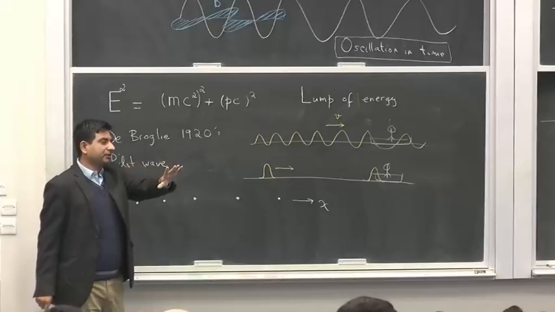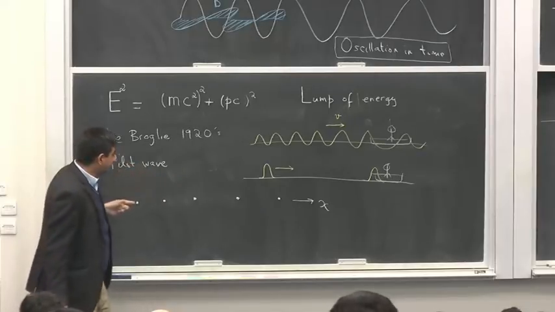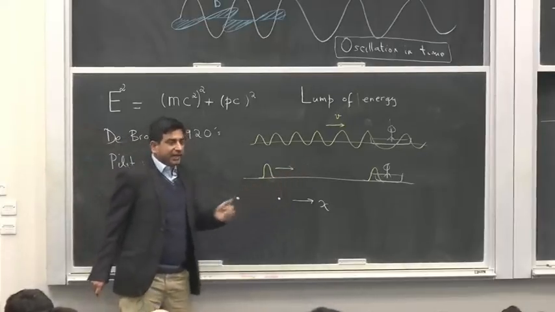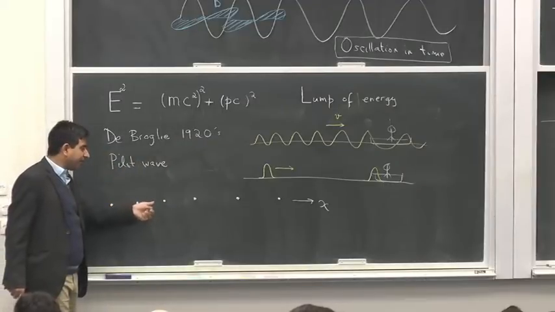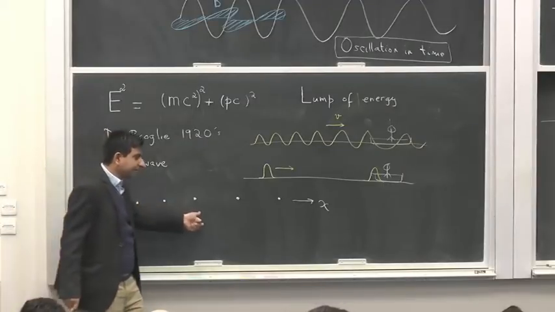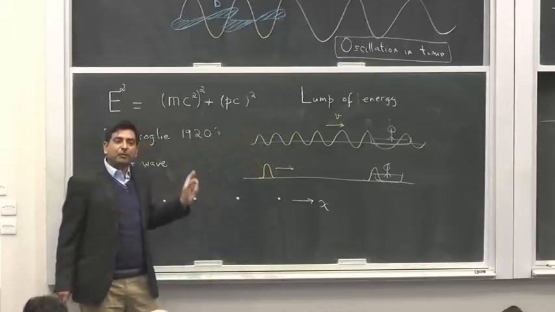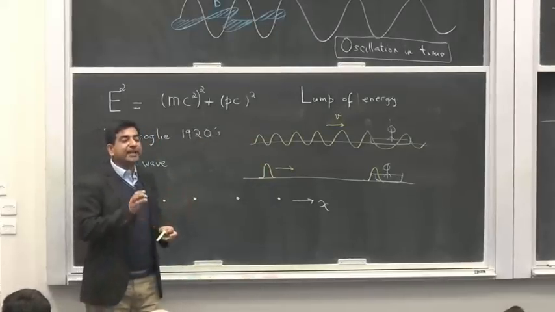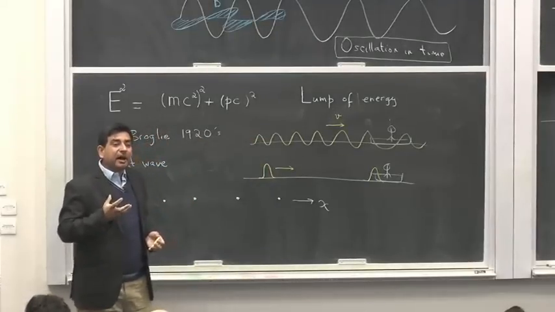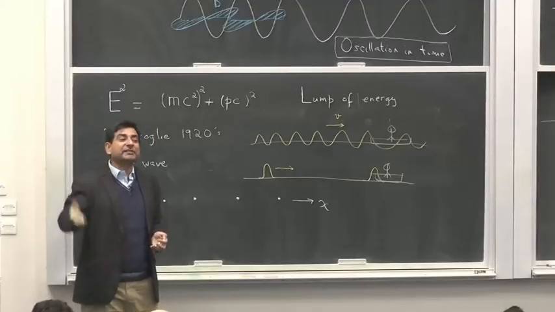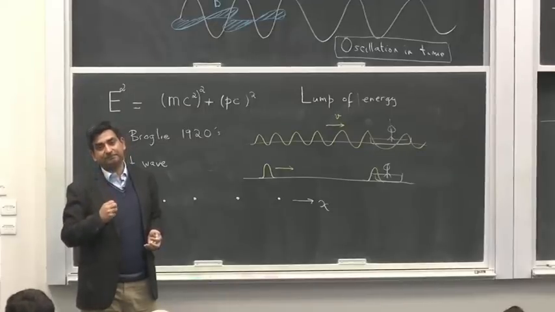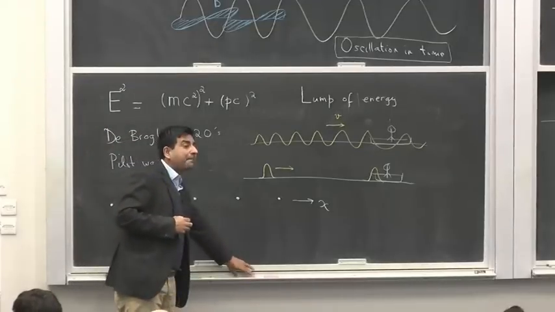This is the space axis. Now the particle at time t equals 0 is here, at some later time it's here, at some later time it's here, later time here, and so on. Now what de Broglie proposed is that this particle harbors with itself, it carries with itself, possesses a wave. And he named the wave a pilot wave.